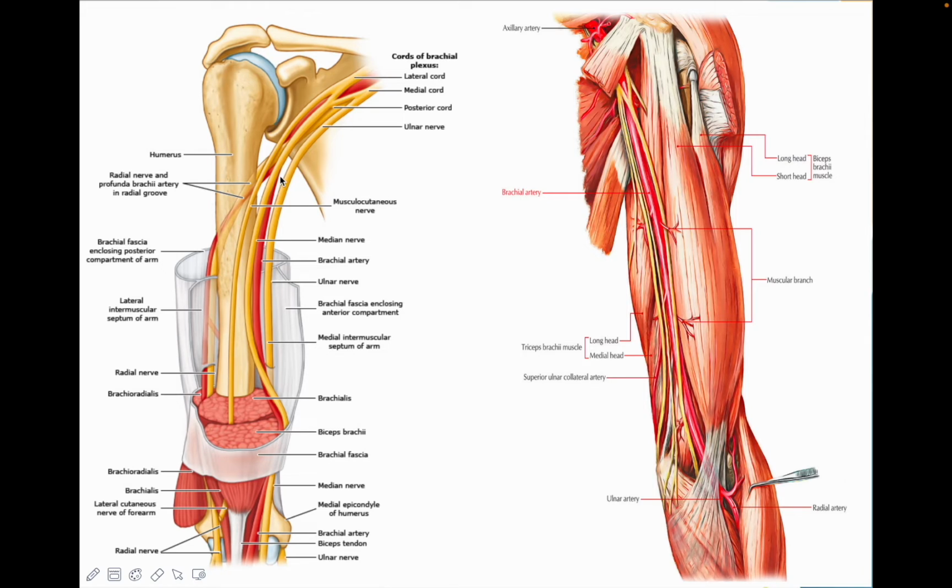Also, as soon as the brachial artery begins at the lower border of teres major, it gives a branch known as the profunda brachii artery, which goes to the back of the arm in the posterior compartment and runs in close relation with the radial nerve. So these are the posterior relations: the triceps muscle, the radial nerve, and the profunda brachii artery.